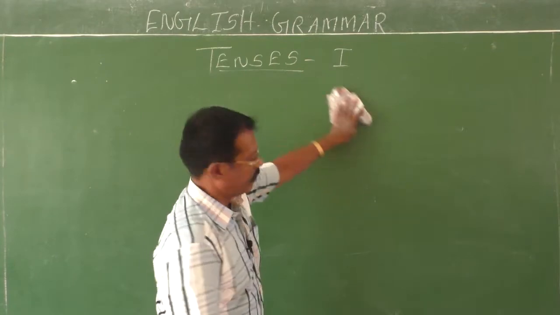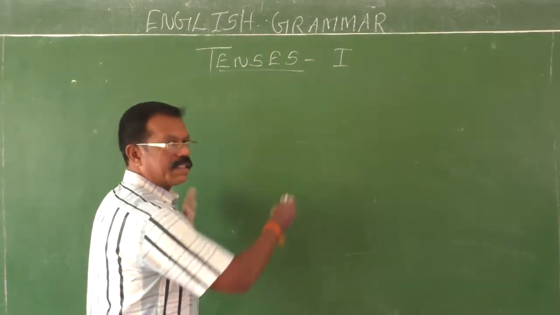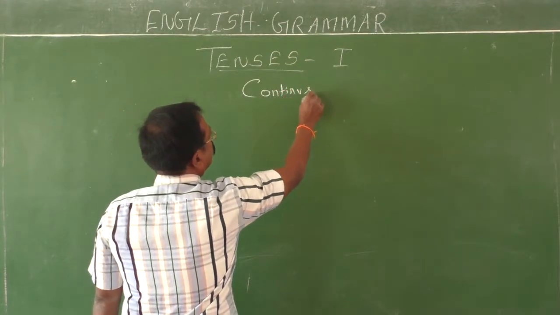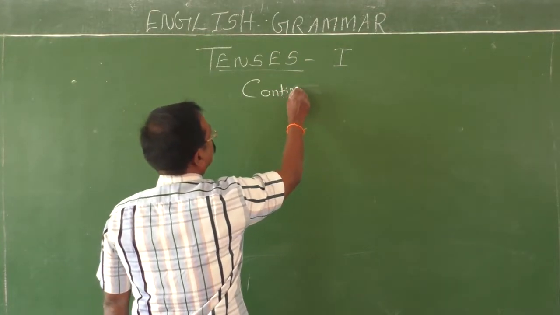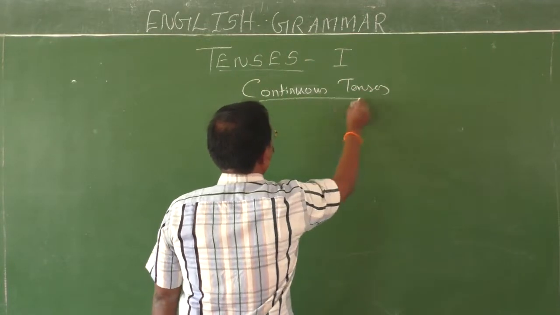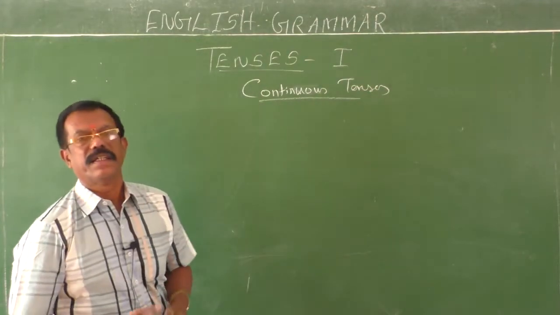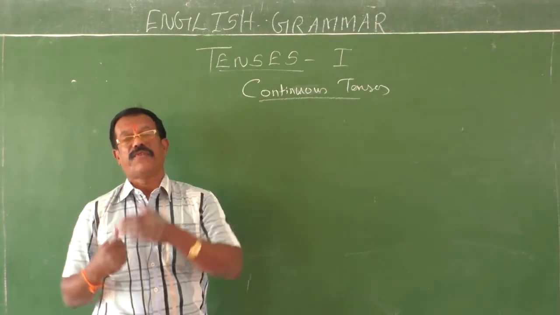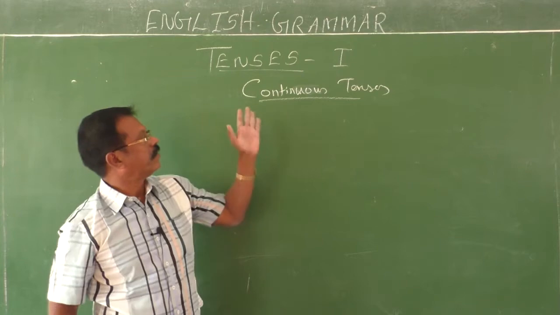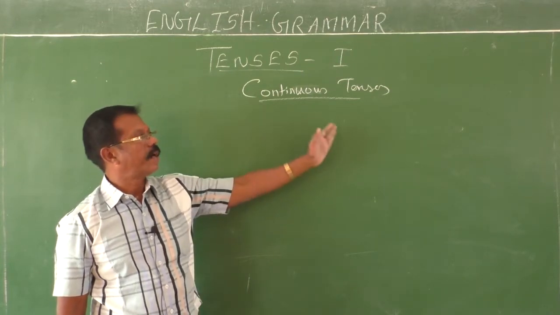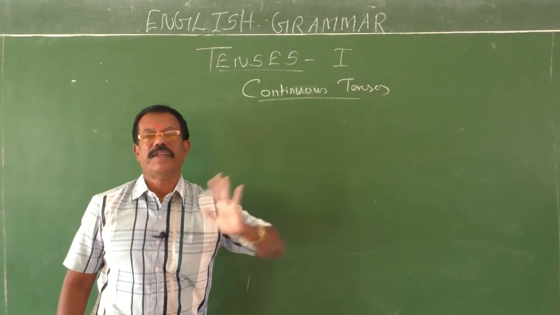Next we are going to see continuous tenses. So far what we have seen is called the simple tenses. Next, continuous tenses. This is also called progressive tenses. We use these progressive tenses to refer to the continuity of an action. We have three subdivisions in the continuous form: present continuous, past continuous, and future continuous.